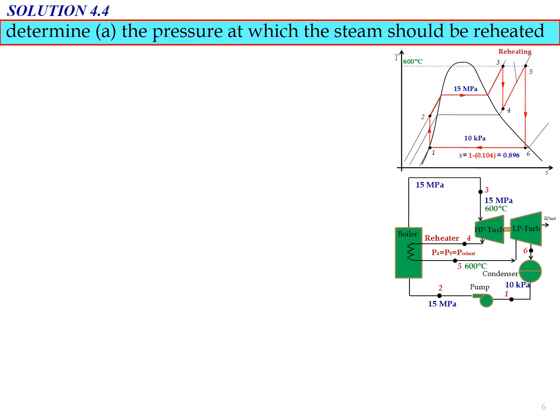Okay, so the figure shows the TS diagram and also the schematic diagram, which we need to refer to in order to understand how to determine the specific value for each state.